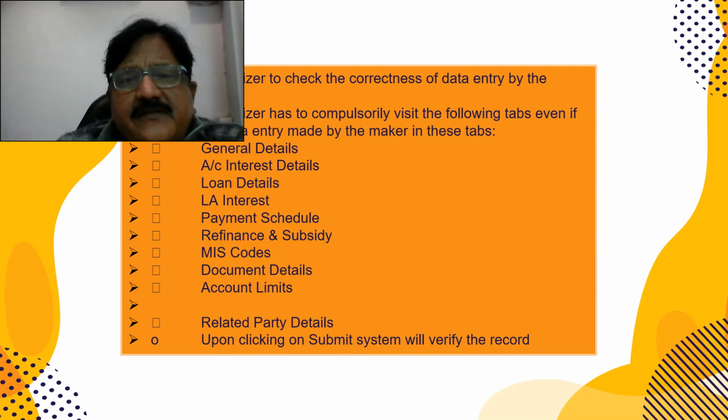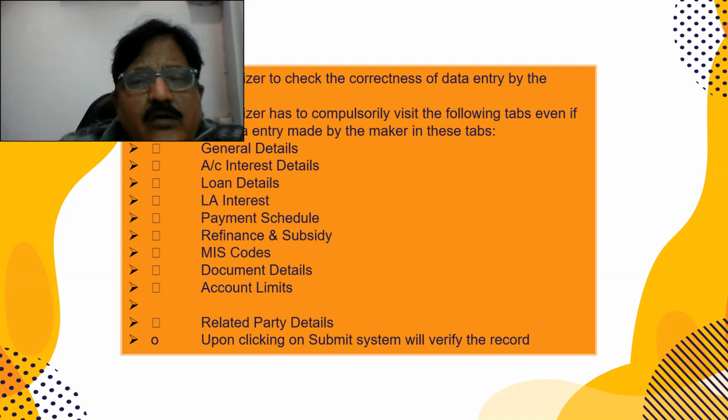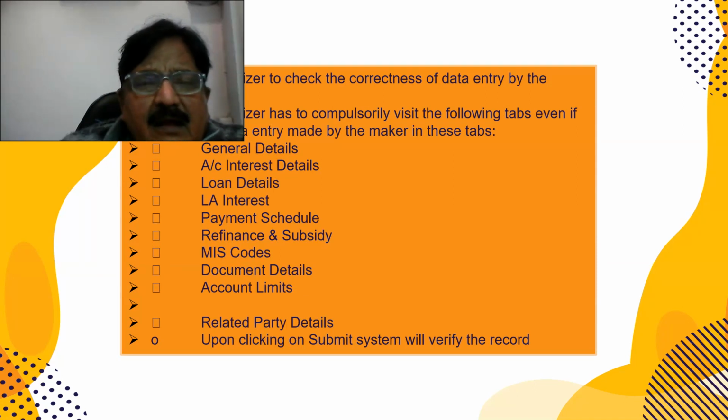The authorizer checks the correctness of the data entered by the maker. Kindly note these tabs which he has to visit compulsorily as a verifier: general details, account interest details, loan details, what is the sanction limit, LA interest payment schedule, refinance and subsidy if there are any subsidies.